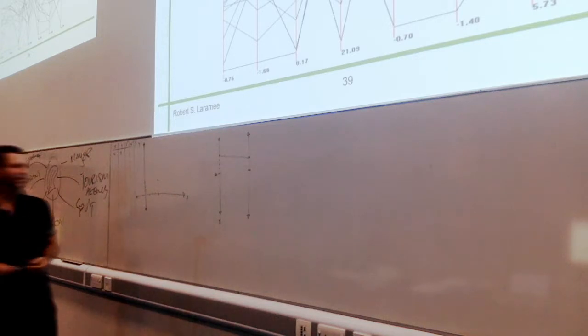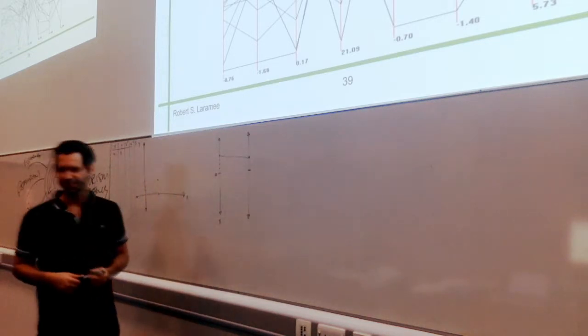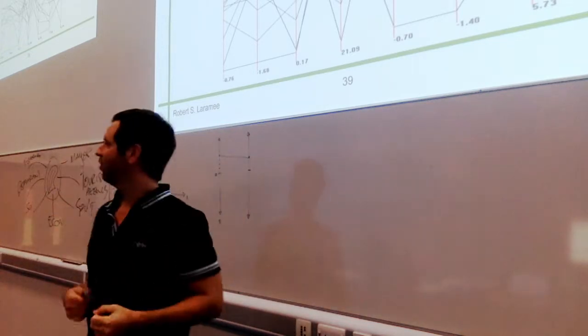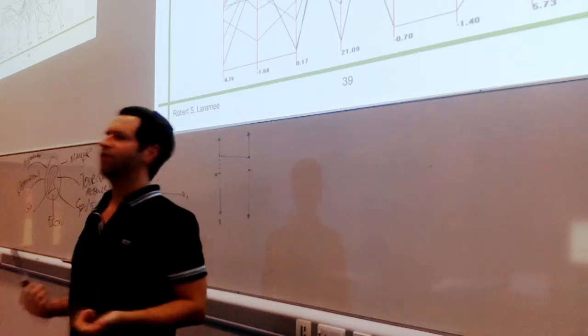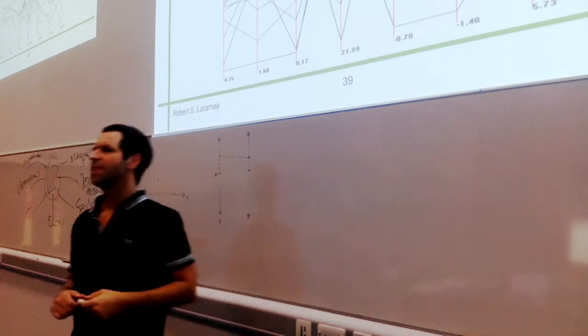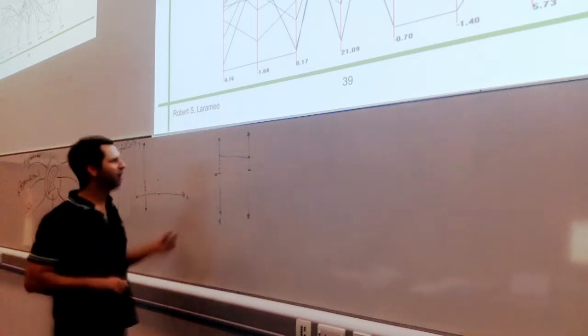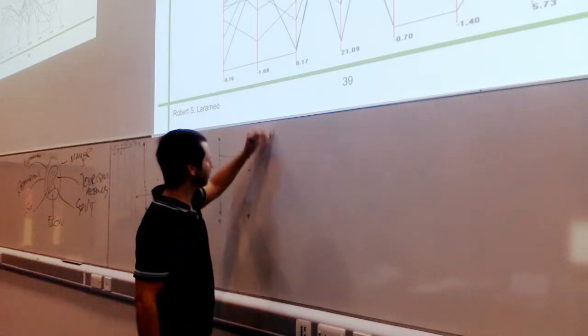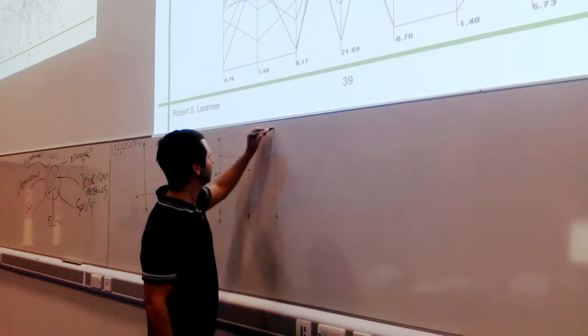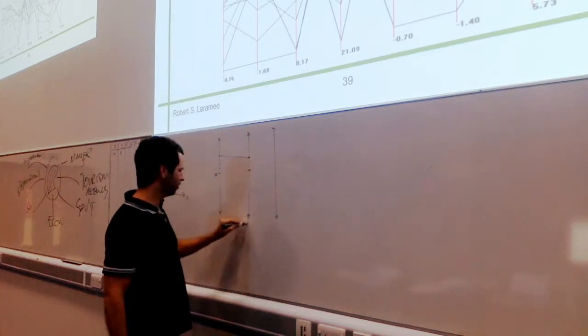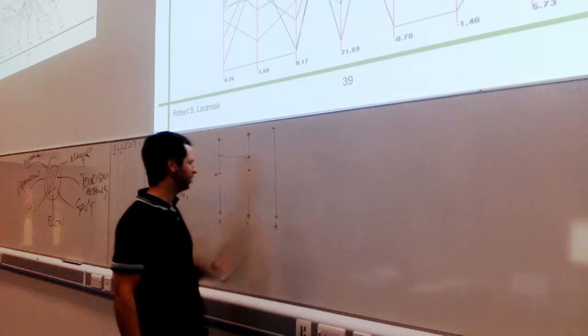So these are called parallel coordinates. Did everybody follow that? It's not very complicated. Now the advantage of this is I can add another axis without too much difficulty. So this is x, this is y, and this is z.